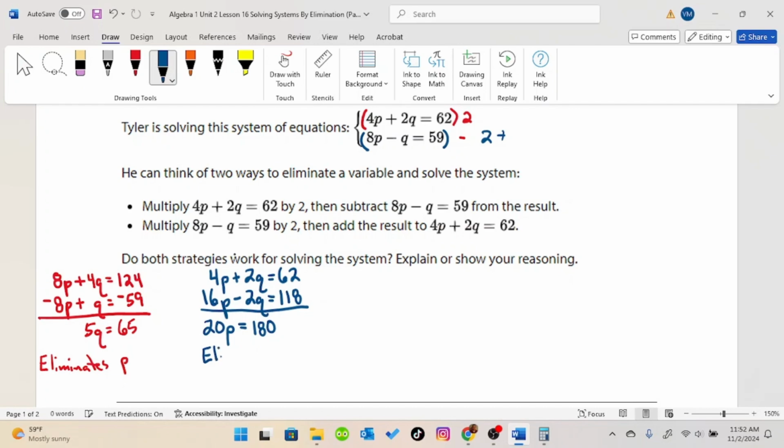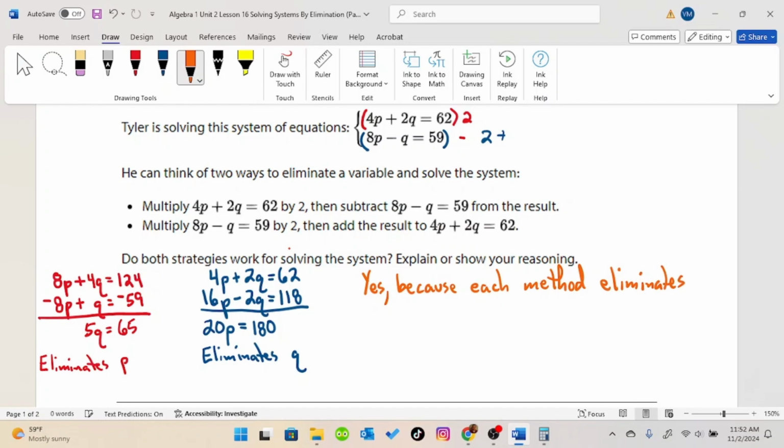This method eliminates q. So the answer is yes, because each method eliminates one of the variables and allows us to find the other.